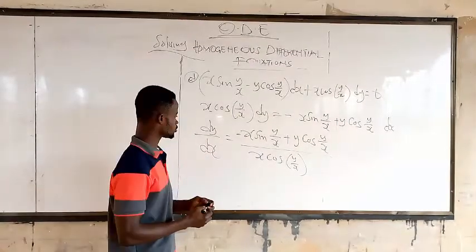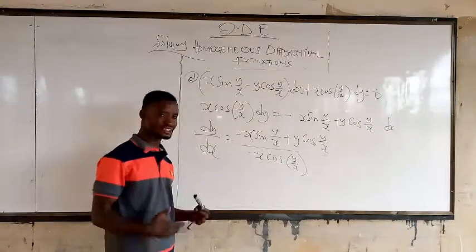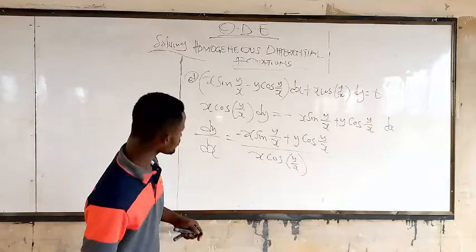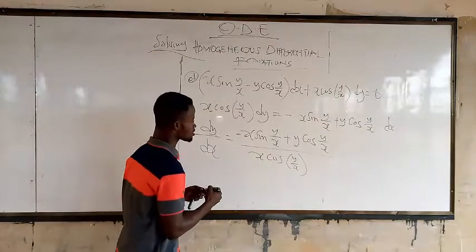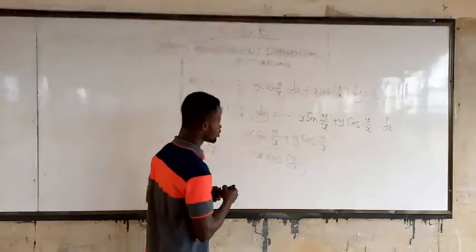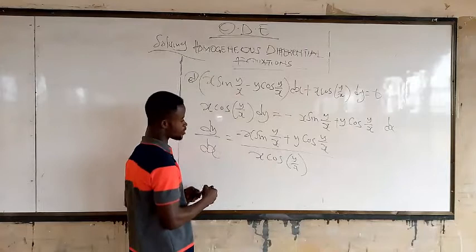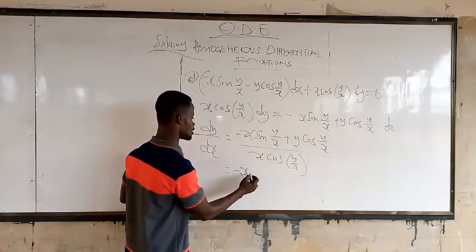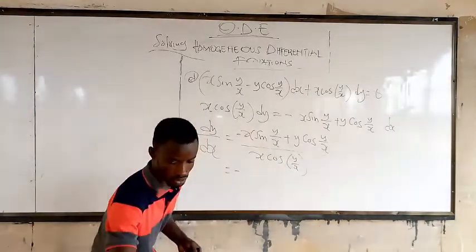So, like what we normally do, we attach the x and the y by lambda. So here, you can see that when we attach x here by lambda, we are going to get negative x lambda, or lambda.